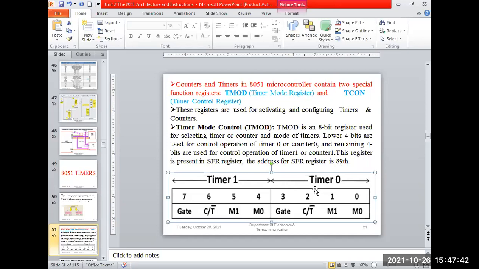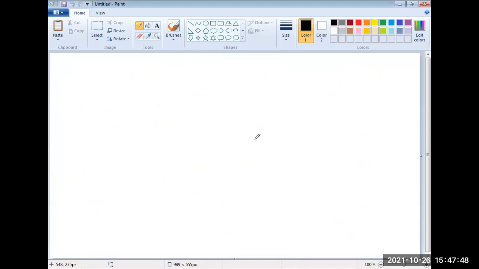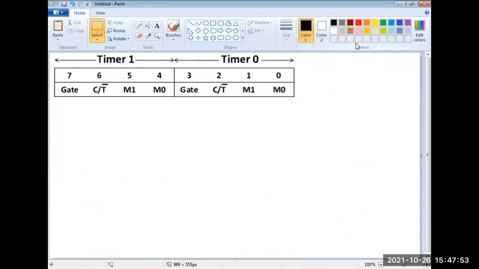So let's see the TMOD. This is for the TMOD, so you can write here TMOD register. It is called the timer mode register.